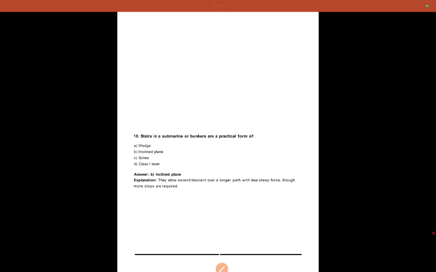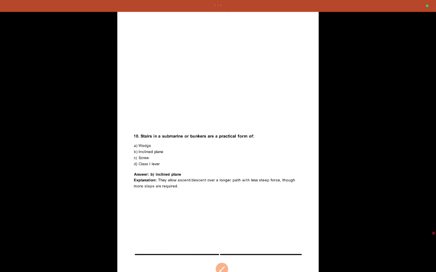Question number 10: stairs in a submarine or bunkers are a practical form of what? That's not wedge, not screw, not lever. That's the inclined plane.